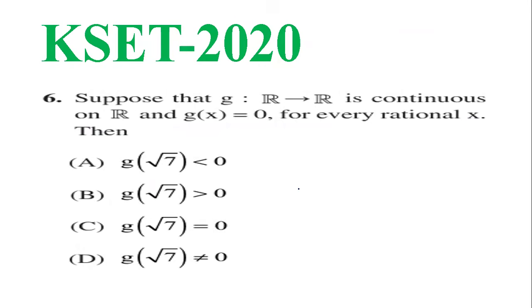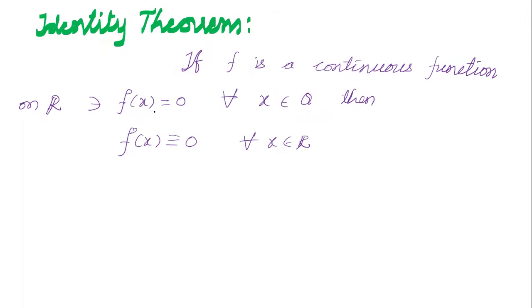The next question is a KSET 2024 question, important. This type of question will be asked in the KSET 2025 exam also. Suppose that g from R to R is continuous on R and g of x equal to 0 for every rational x. Then, see the concept. That question is based on the identity theorem.